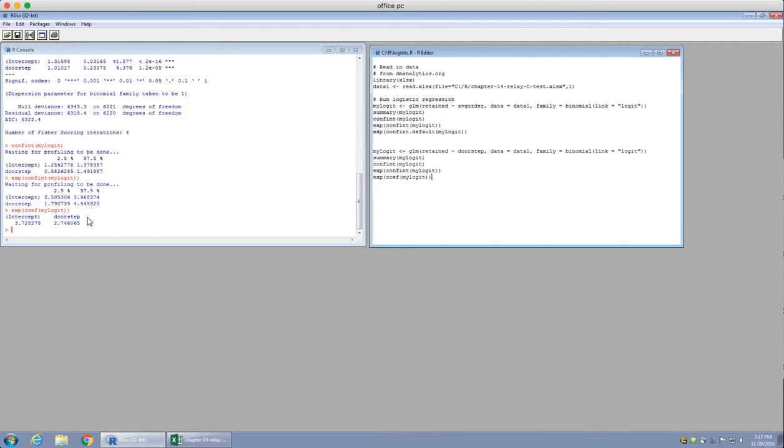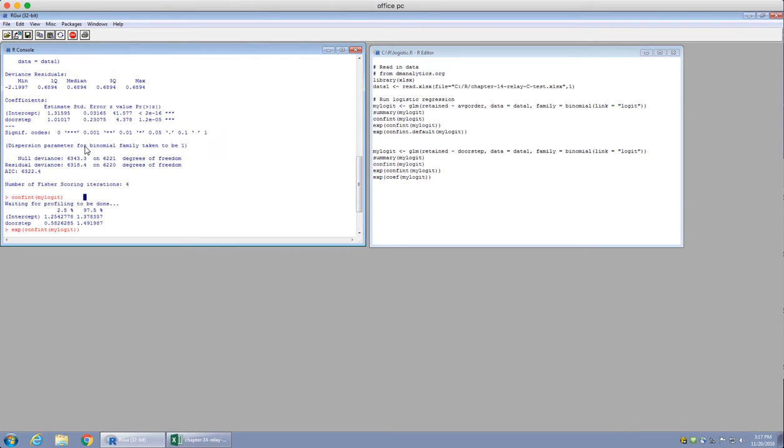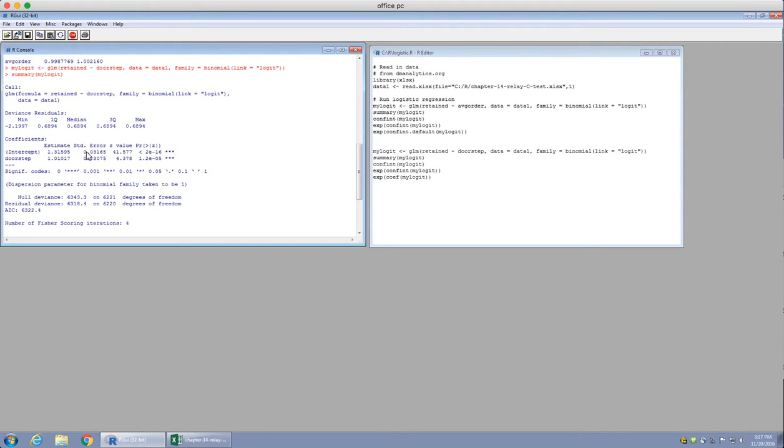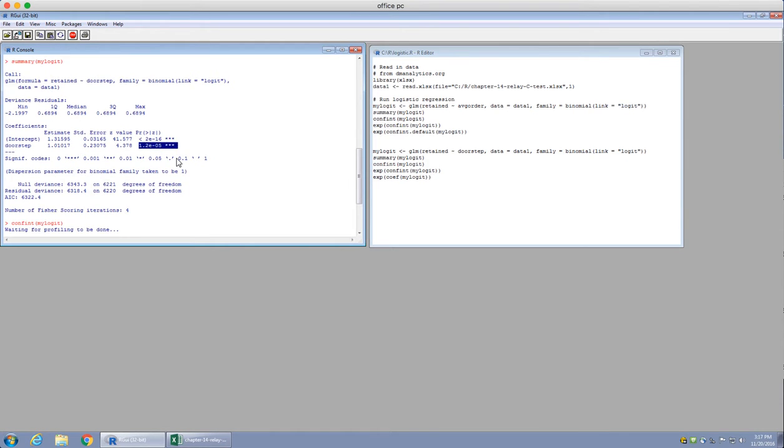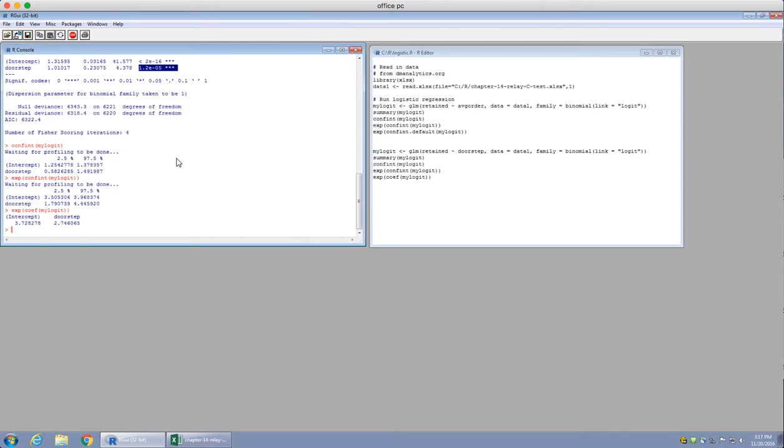This is my coefficient. The outputs are very similar in format, but now I get a point estimate for doorstep of 1.01 and so on. It seems quite likely to be significant, and if I look at the p-value, yes, it is significant. These are my confidence intervals here.